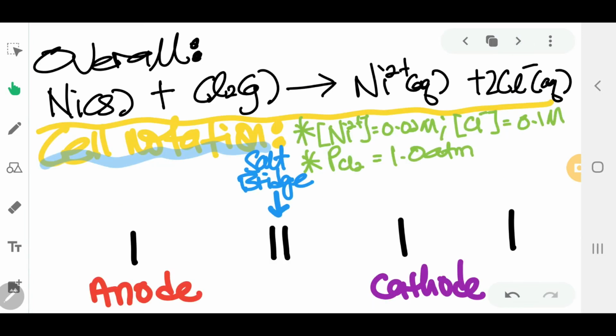So what do I mean over here? Let's say we have the overall cell reaction. We have nickel solid plus Cl2 gas, and you have nickel 2 plus aqueous plus 2Cl minus aqueous.